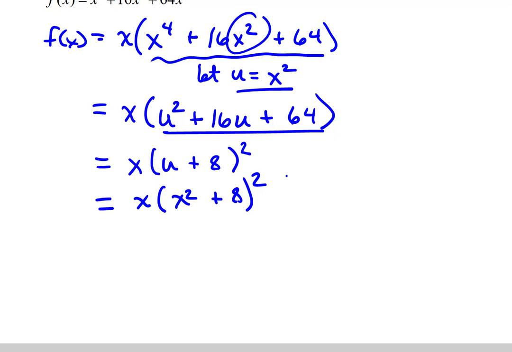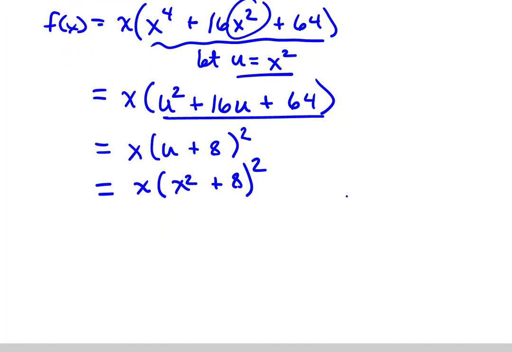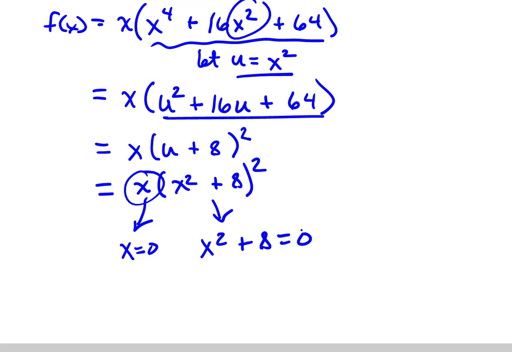Okay, so now this is the factored form of our original polynomial. We want to be able to find all of its zeros. Well, the first factor we have, which is just an x, is hopefully clearly giving us a 0. We can set each of these factors to 0, so x equals 0, that's a zero. But then this second factor, x squared plus 8, if I wrote that equal to 0, I'd have x squared plus 8 equals 0.